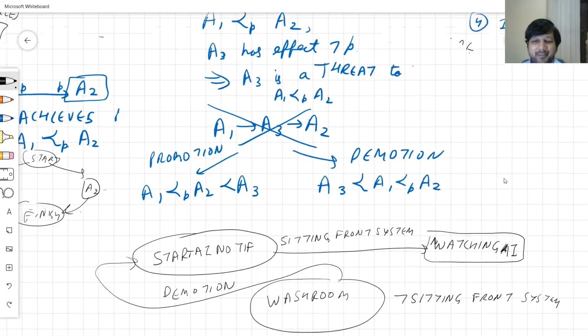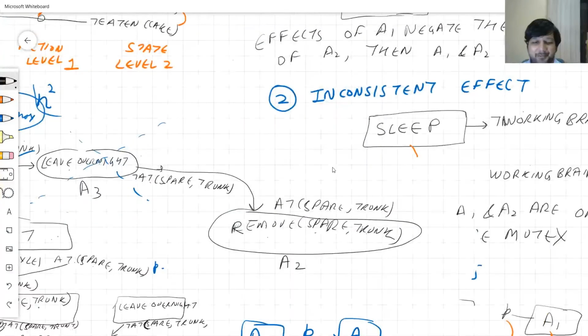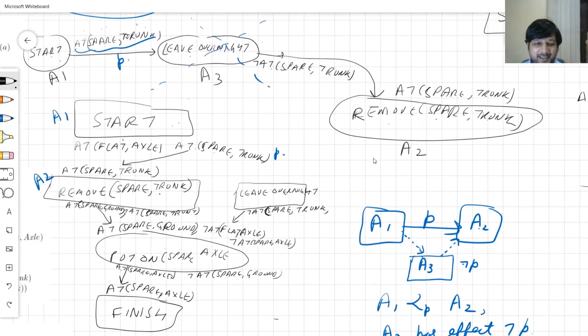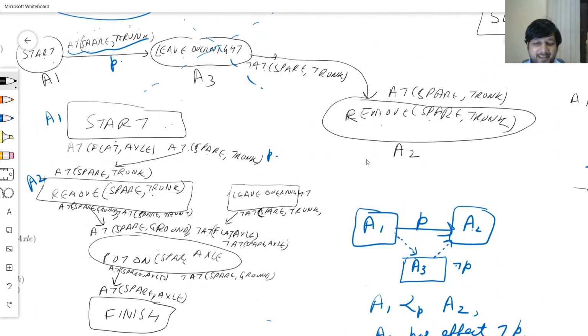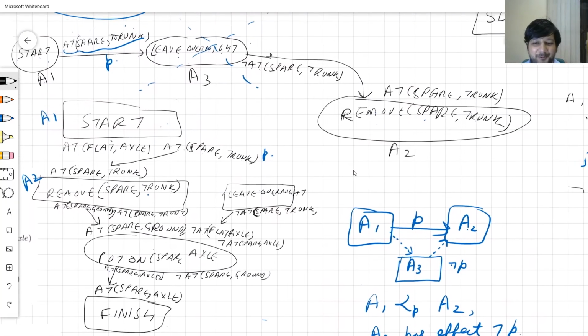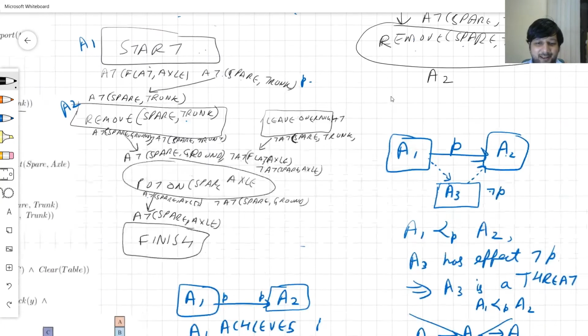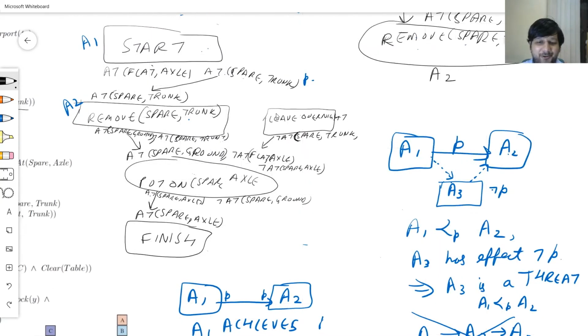So, even though this spare tire problem appeared to be solved completely, there is something that I should be wary about, which is that this is a threat. That means I'll first try demotion and then I will try promotion. Let's try demotion first. That means it is leave overnight, start, remove.